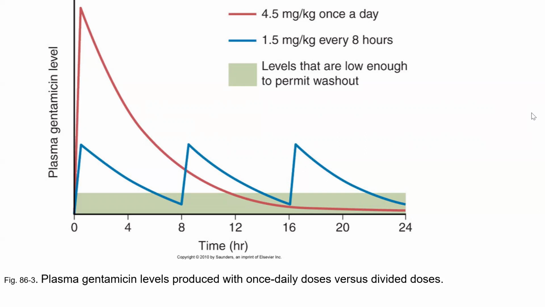This graph shows the plasma gentamicin levels produced with once daily doses versus divided doses.